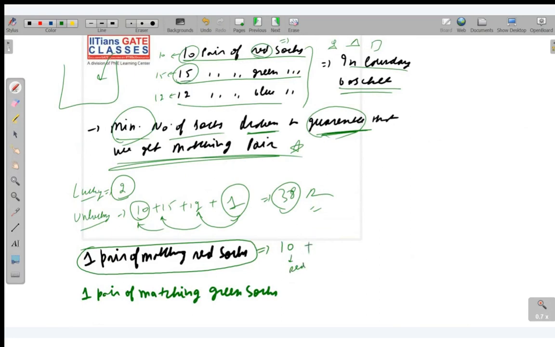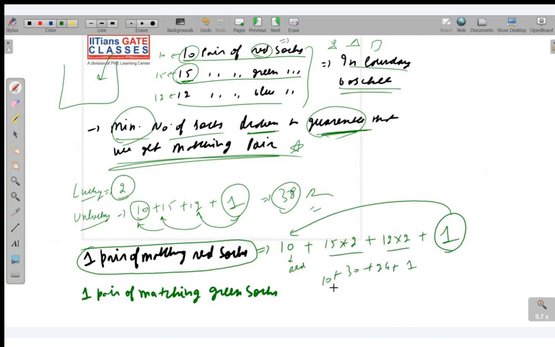Then I will say, since I am the most unlucky person, you take all the 15 pairs of green socks. So next you pick and you keep on picking. So you pick the 30 socks and all green pair socks are exhausted. Then all blue pairs are exhausted. And now you pick one more sock, then it is guaranteed that one of the red pairs will be matching. So what will be our answer? 30 plus 24 plus 10 and then plus 1. So 40, 65 is the answer.